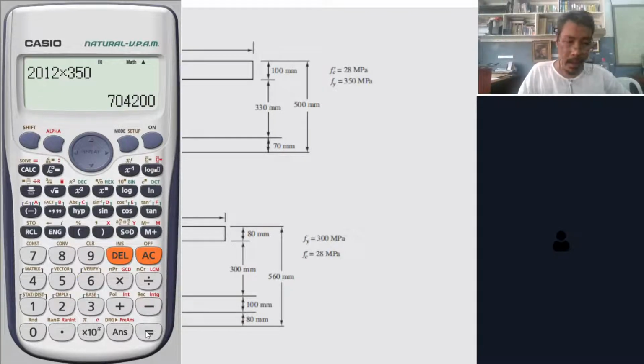After writing it down, we can notice that this is wrong.